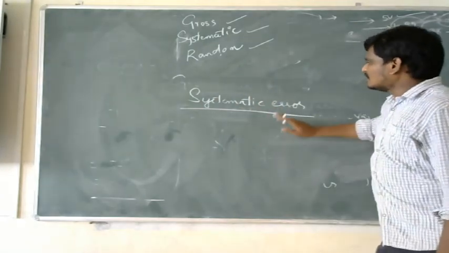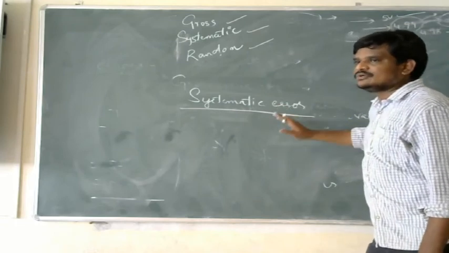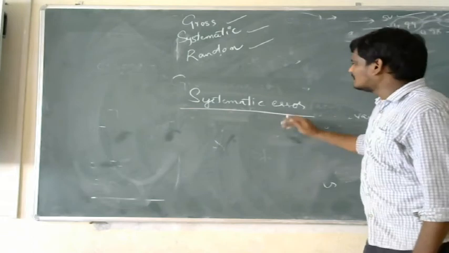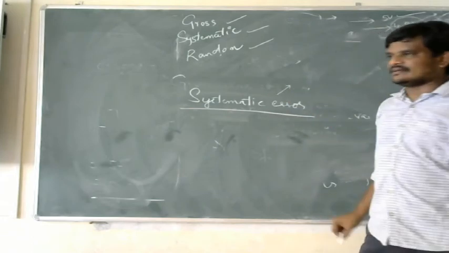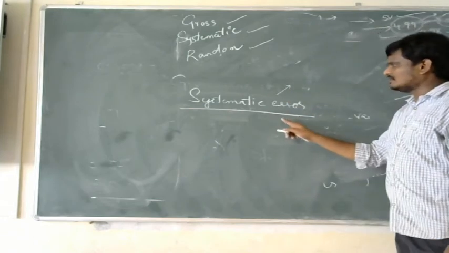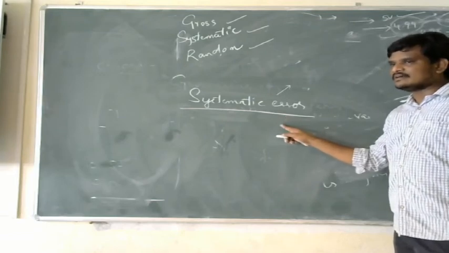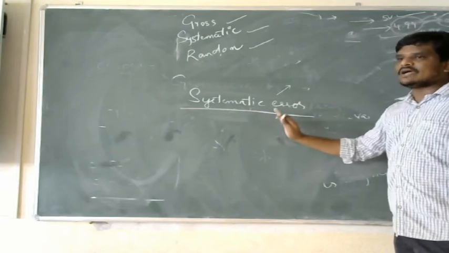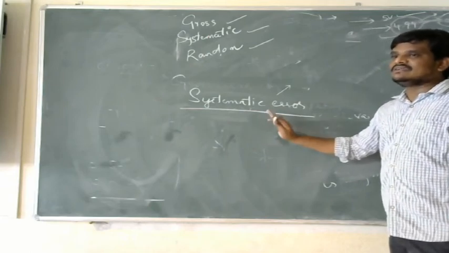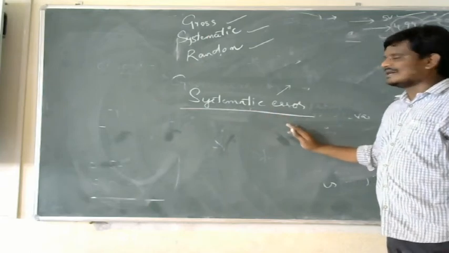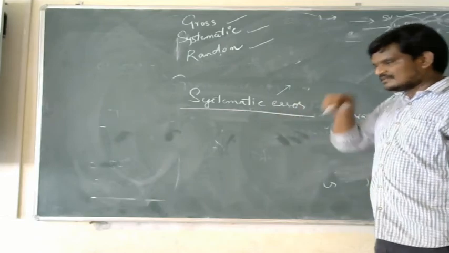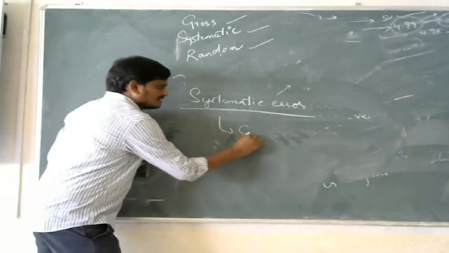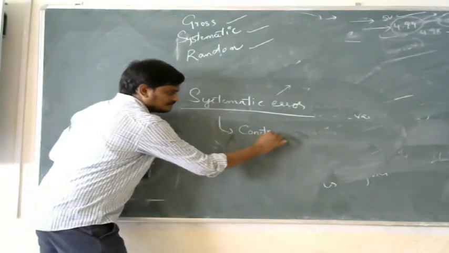I am going to give the definition for systematic error again. The errors which are caused in the instrument due to manufacturing defects or the design of the equipment are considered systematic errors.